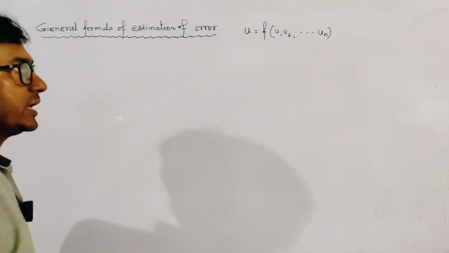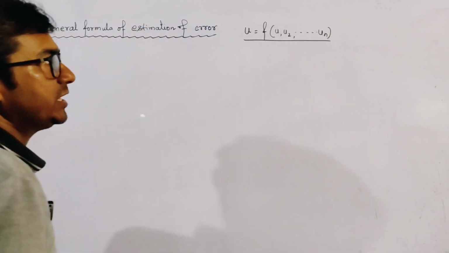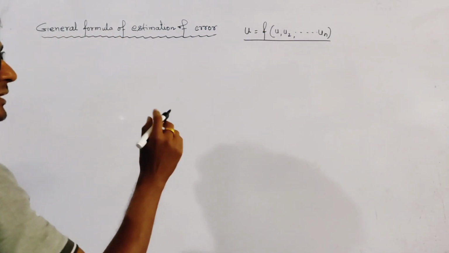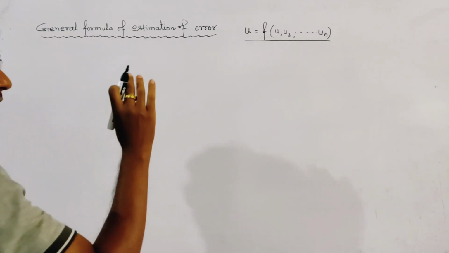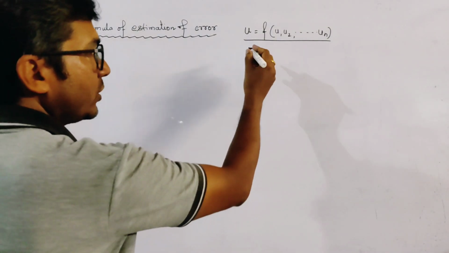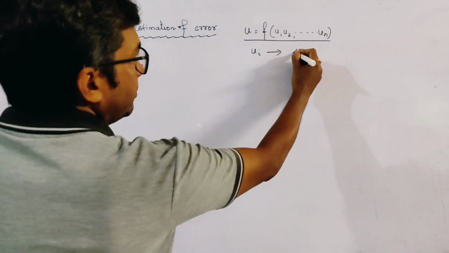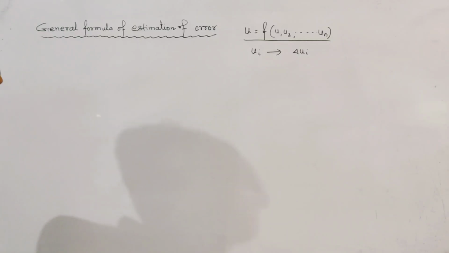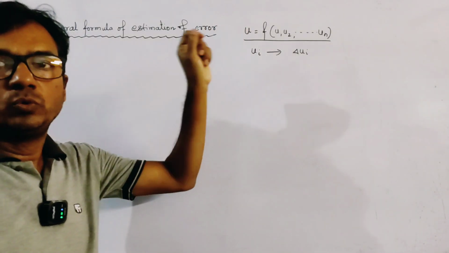Here we let u be a function of n independent variables, u1, u2, to un. Let the absolute error of each of the independent variables be given by delta ui. Then we have to find the absolute error and relative error of u.